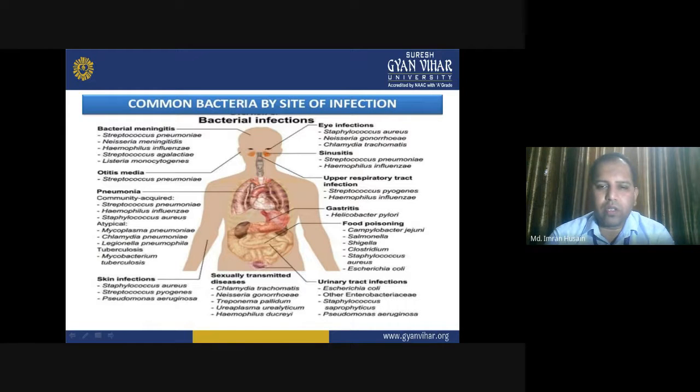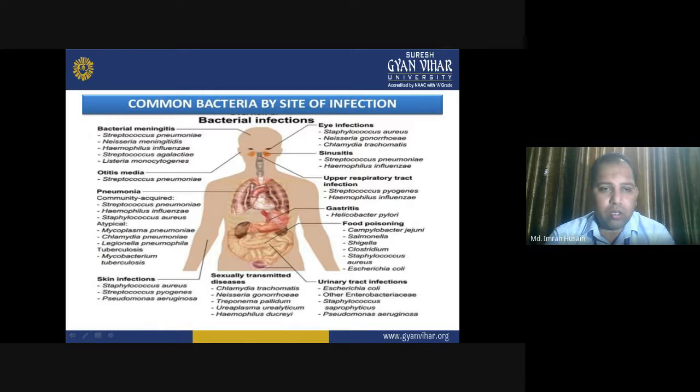Urinary tract infections are caused by E. coli, other Enterobacteriaceae, Staphylococcus, Pseudomonas, and STDs, the sexually transmitted diseases, by Chlamydia, Neisseria, Treponema, Ureaplasma, Haemophilus, and many skin infections are a result of Staphylococcus, Streptococcus, and Pseudomonas.